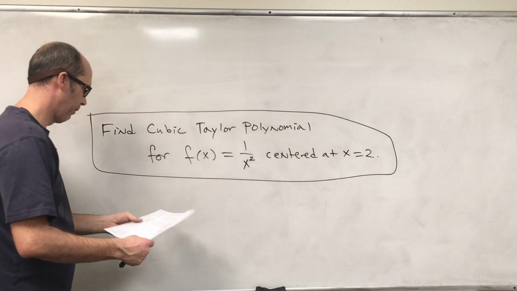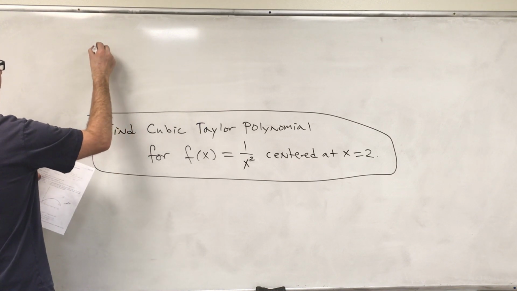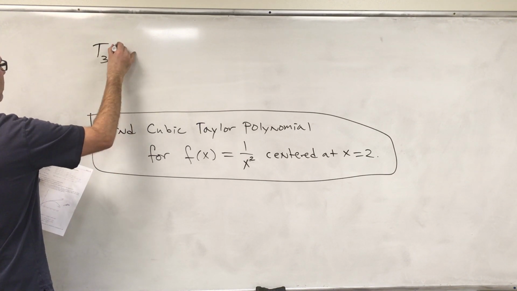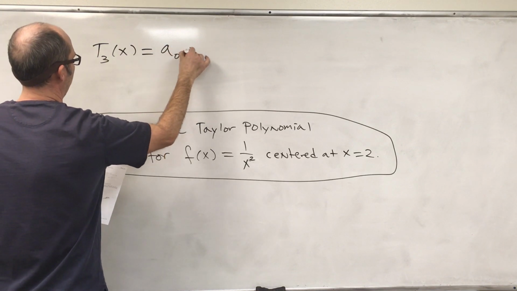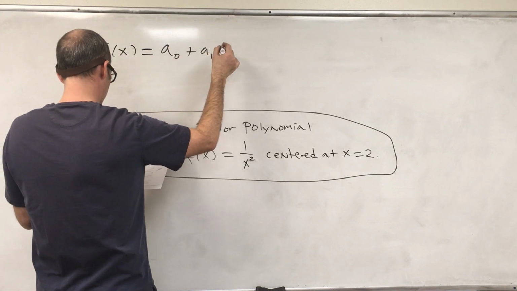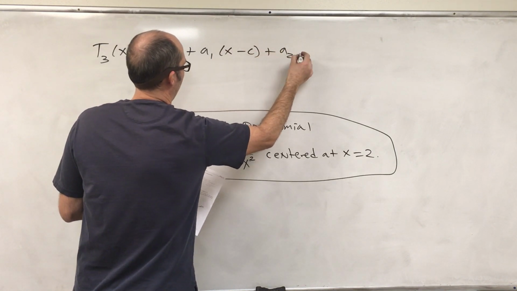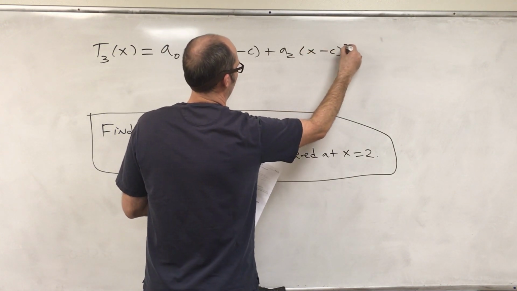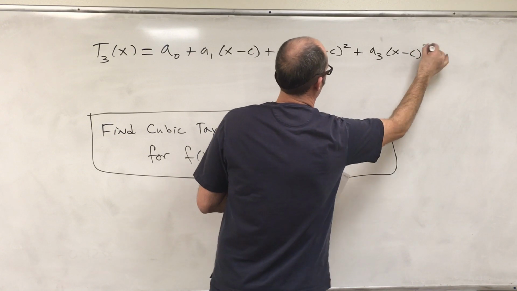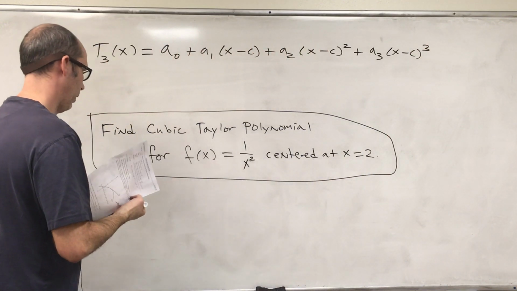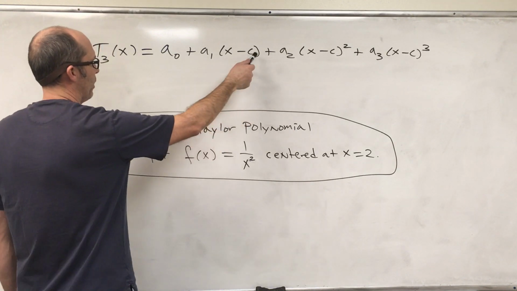Okay, from page 1 of the Notes and Learning Goals, you see the general cubic Taylor polynomial, where this is centered at c.